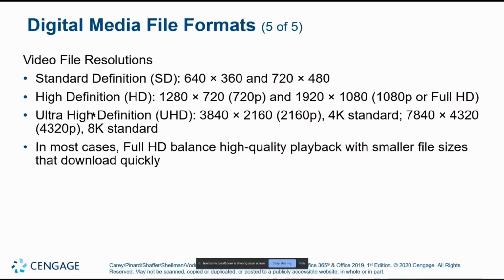And these are, you know, low detail, similar resolution to what you would see from TV shows like 15 years ago. But nowadays, most of us use one of the two standards for high definition, those being 1280 by 720 and 1920 by 1080. And these provide a good balance, again, between quality and file size.